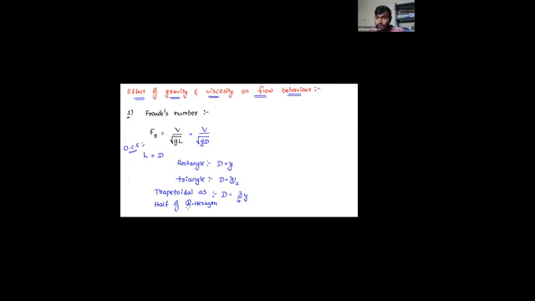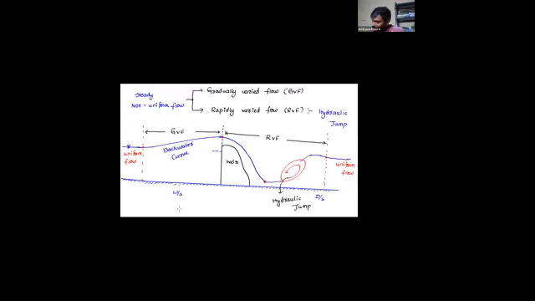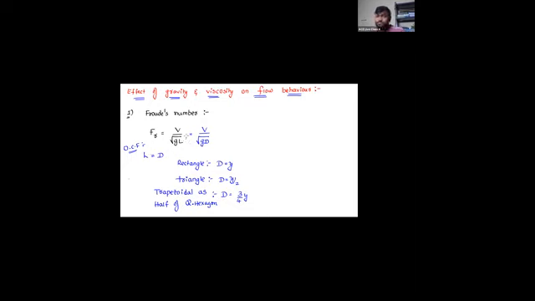Now, what I want to say over here is, whenever there is a flow, see, this is a flow, right? The flow behavior is going to be affected by gravity and viscosity. Why is the hydraulic jump going to be formed? There is a reason behind that, and that is based upon the Froude number. This Froude number depends upon the velocity of the flow and D. And D depends upon the shape.